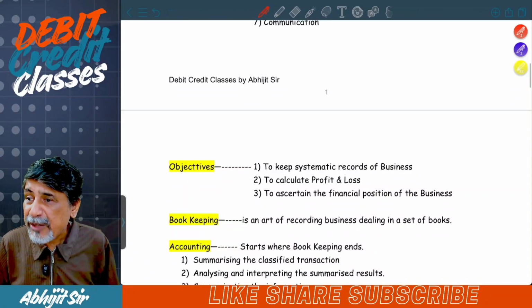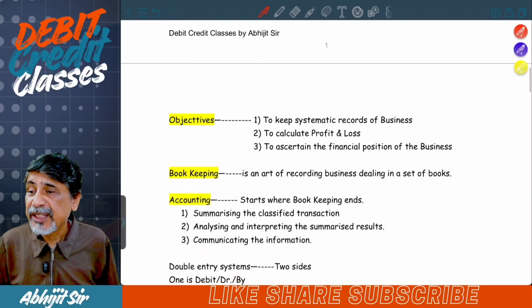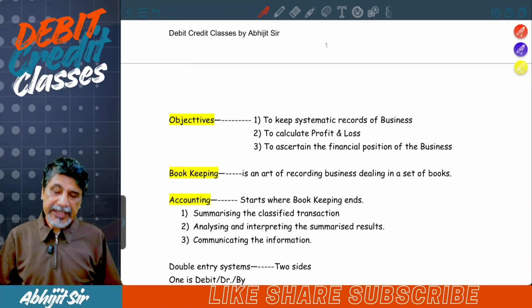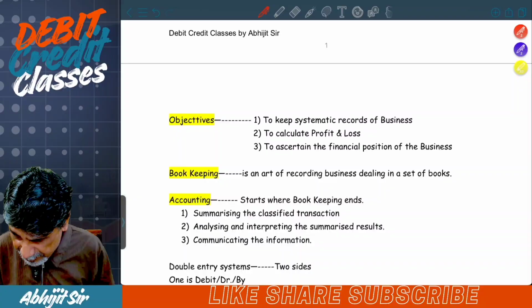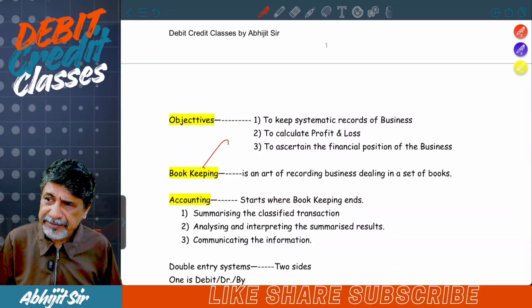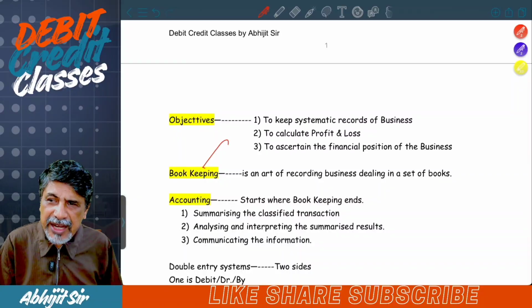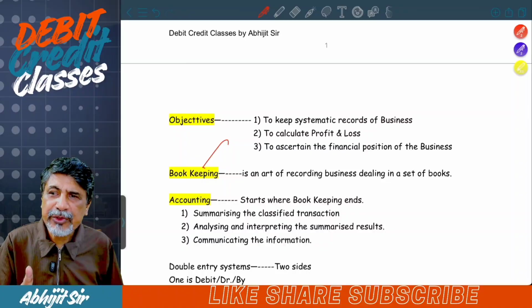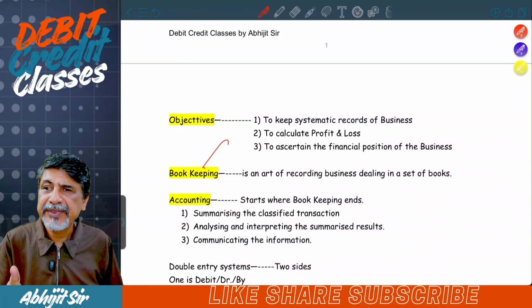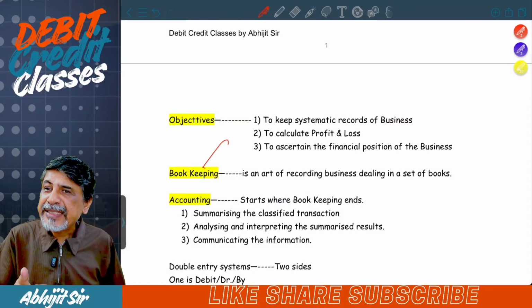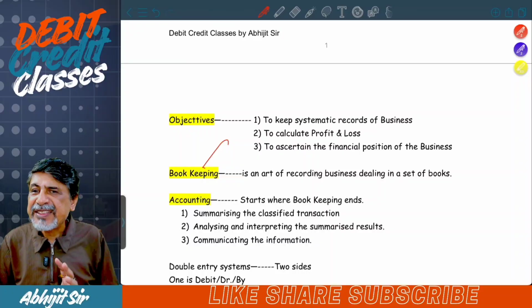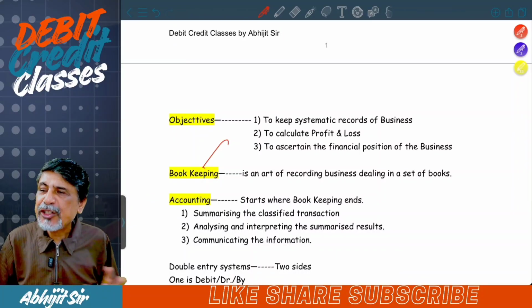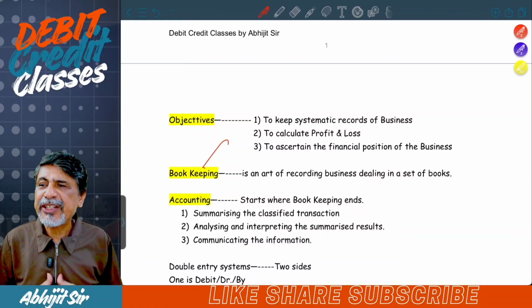Now, one of the important terms is bookkeeping. You should understand it. Bookkeeping is a very important term in accountancy. If you study accounts, you should know what bookkeeping is and who the bookkeeper is. Bookkeeping is an art of recording business dealings in a set of books in a systematic way.